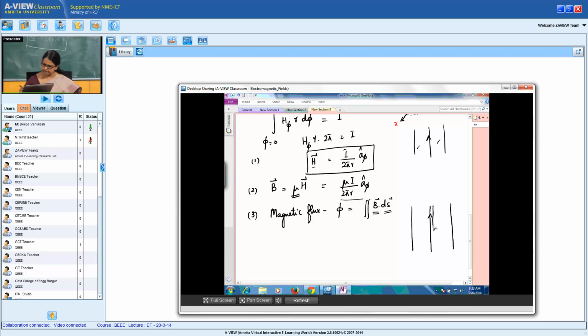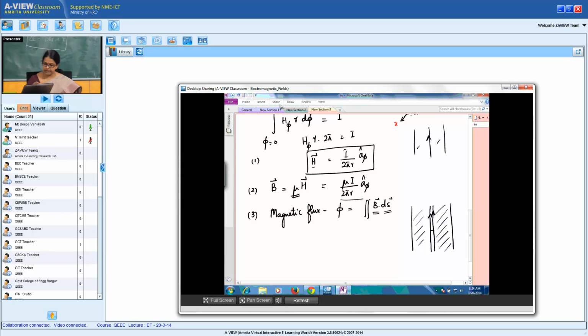This is the outer conductor. This is the inner conductor which has a certain diameter. I am trying to find what is the flux that is crossing this area. You take a section of that conductor. I am worried about how much is the flux that is crossing this area.